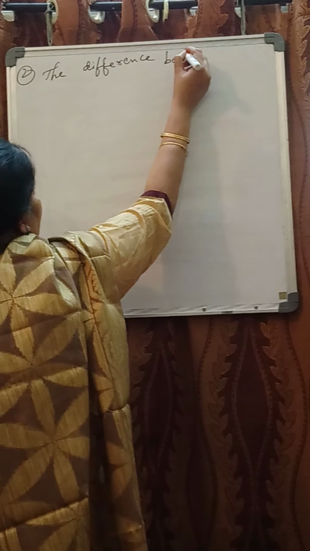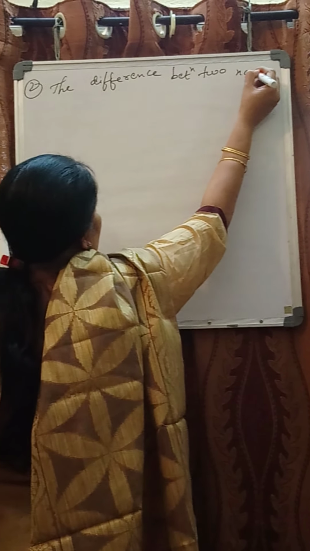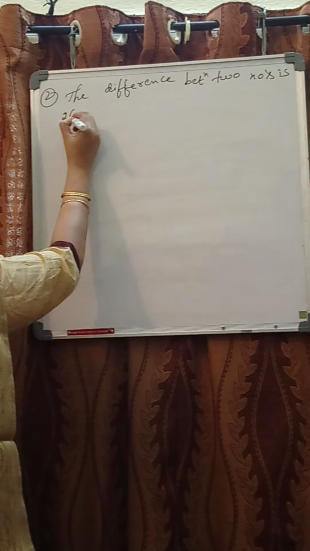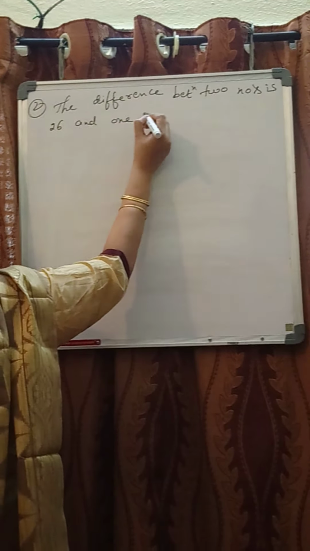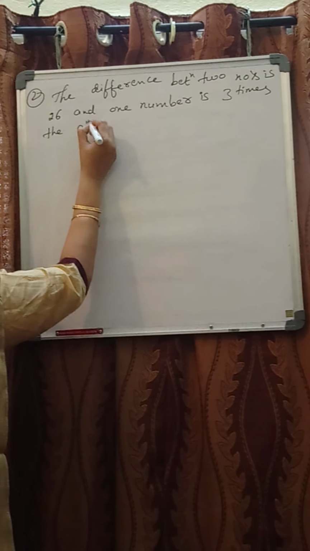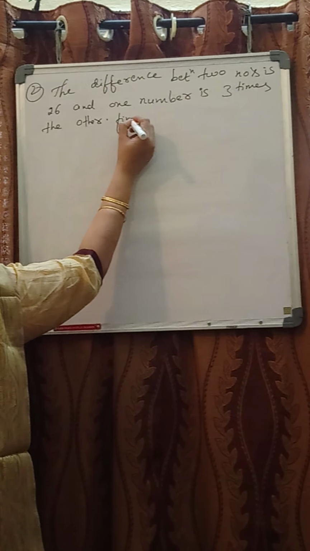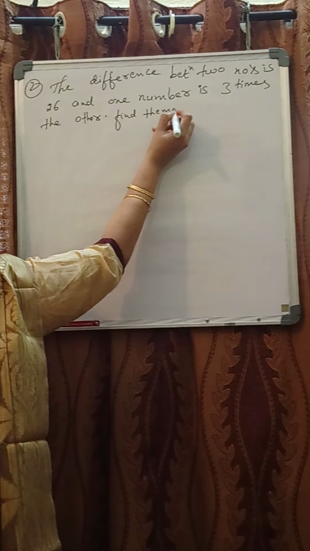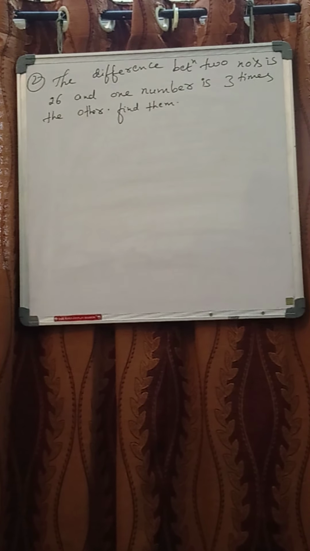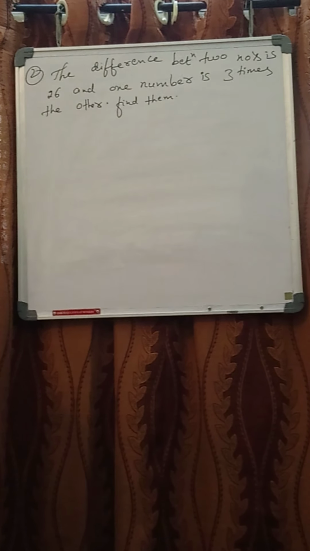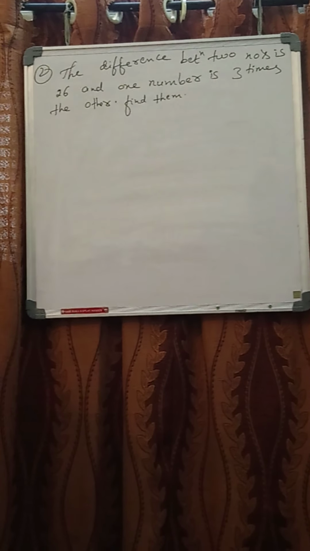The difference between two numbers is 26 and one number is 3 times the other. Find the numbers. So here the difference between two numbers is 26 and one number is 3 times the other. Find them. So let's solve this, children.